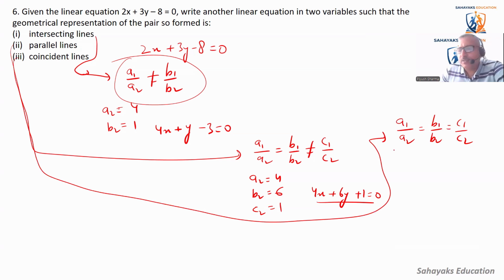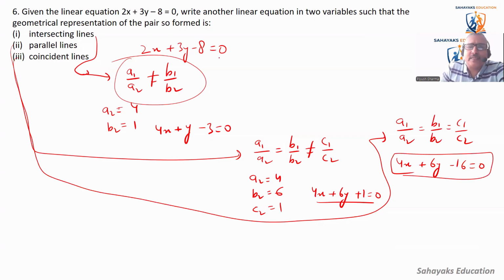So if I multiply this equation by 2, it becomes 4x plus 6y minus 16 is equal to 0. So this equation and this equation are exactly the same, and these will coincide. There will be a coincident line. Basically, it's the same line on the graph.